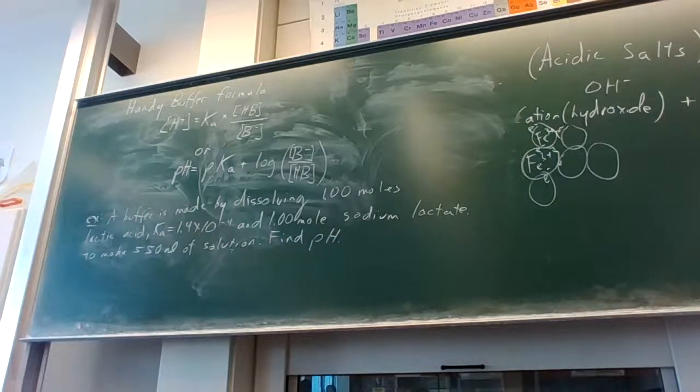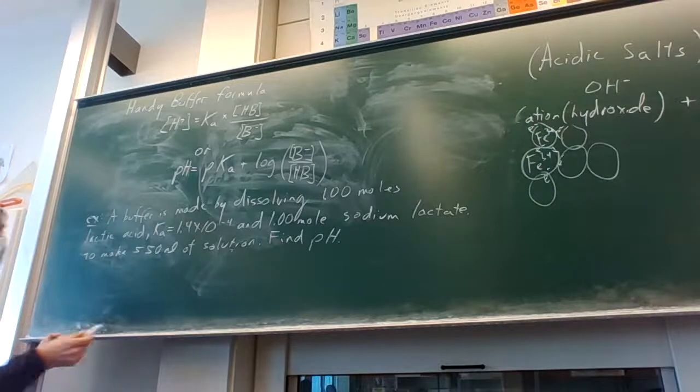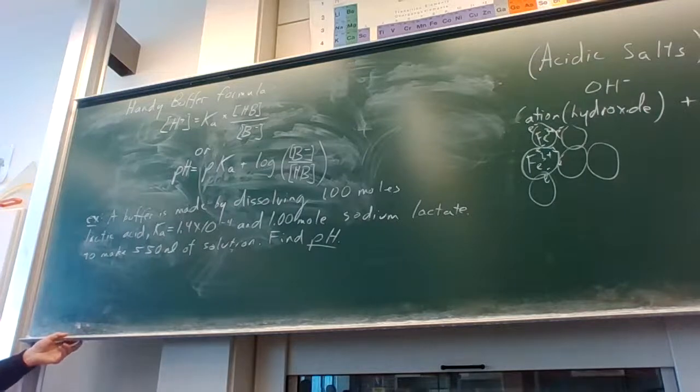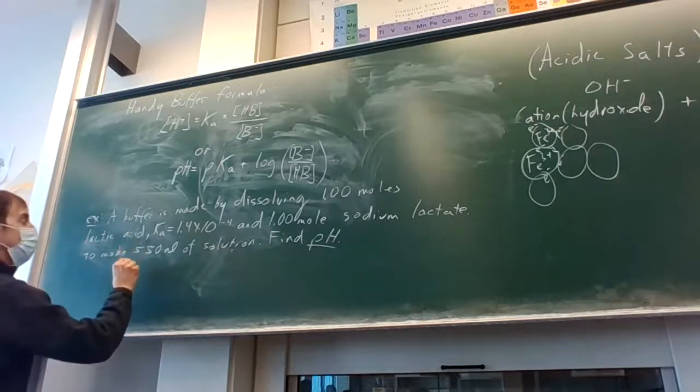Okay, so here's the deal. I want my AP students to be able to do this quickly. So if they want pH, let's just write the equation down and see if we can fit everything in to where we want it. Okay, so here we go.